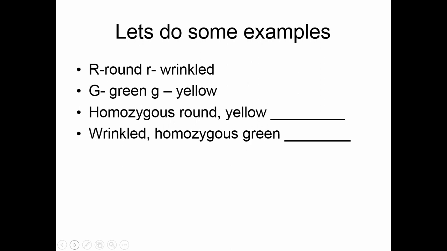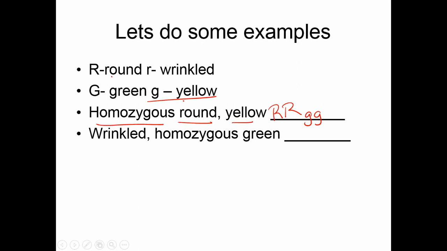So one of the things I mentioned is that vocabulary is really important. So I've got round and wrinkled and green and yellow. So a homozygous round, yellow. If it's homozygous, that means it's going to be two capitals because round is dominant, and yellow, which is recessive. So we're going to have homozygous round, yellow. So yellow would be like this. That's the only way to get yellow because it's recessive.